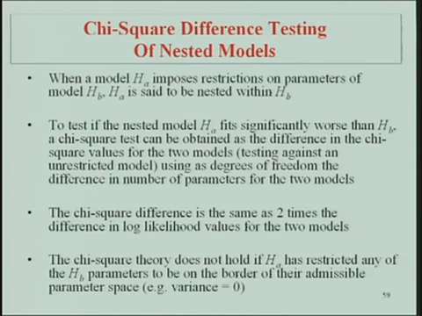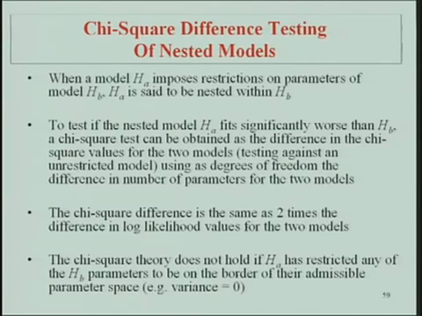In that case, HB, being H1, is totally unrestricted, but it doesn't have to be the case that HB is totally unrestricted. HB has to be just a little bit more flexible than HA. And then we're always interested in testing if the nested model HA fits significantly worse than HB. We want a simple, parsimonious model HA.